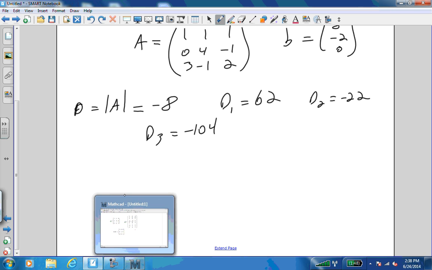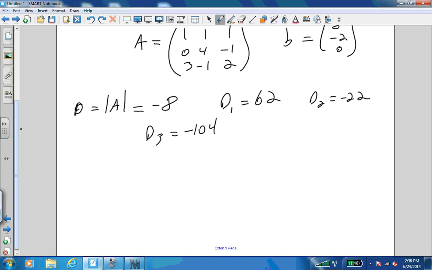So it's all over but the crying now. So we want x1, x2, and x of 3. So x of 1 is D1 over D, which is 62 over negative 8. That reduces a little. Negative 8 doesn't go into that, 4 doesn't go into both, but 2 goes into both.